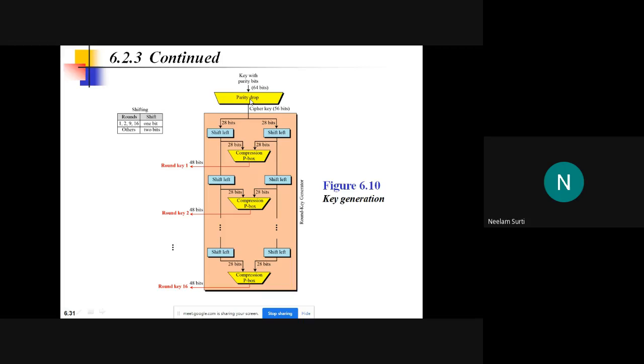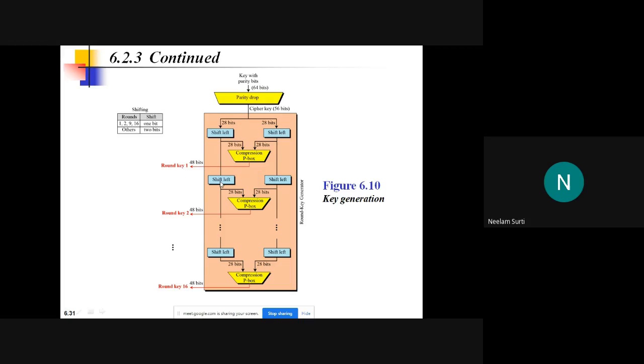But in the case of the compression P box, any bit can be compressed, and compressed means ignored. Likewise, 8 bits are taken out and you have a matrix taking input as 56 bits and giving output as 48 bits. So subkey generation gives you 48 bits, and this is given further for evaluation.